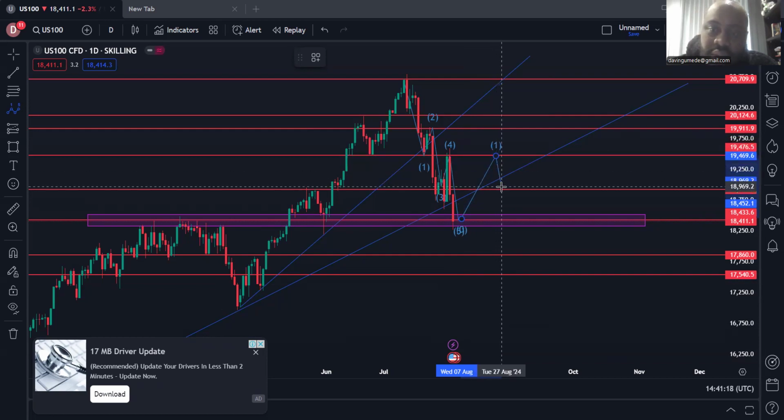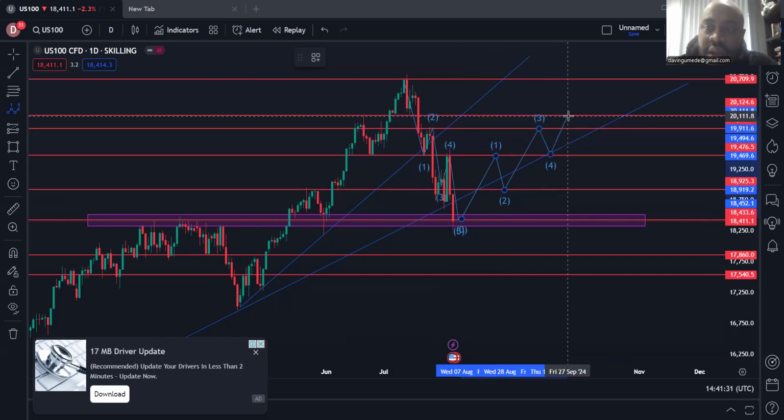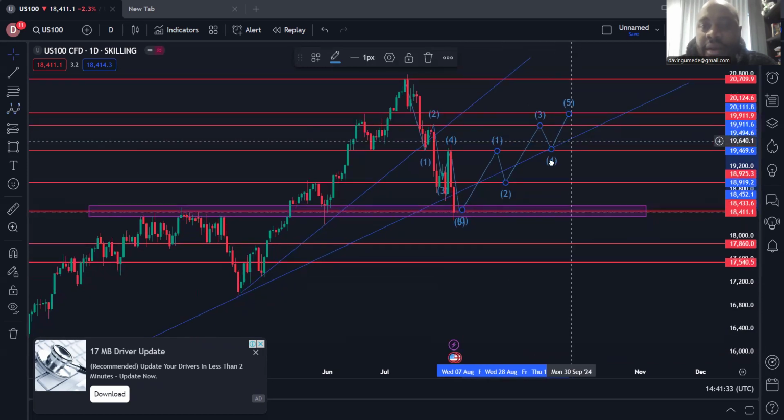Hit here, retest 18,452, and we can see continuous movement building up through higher highs and higher lows, just shooting straight up.